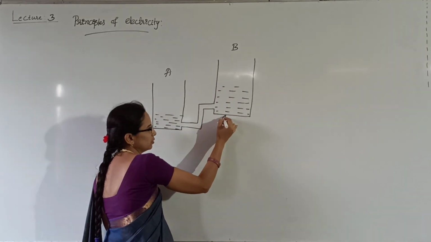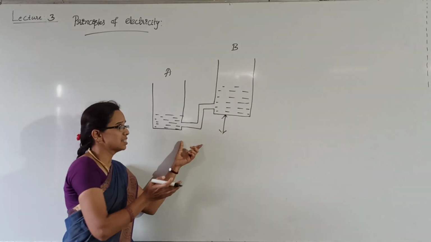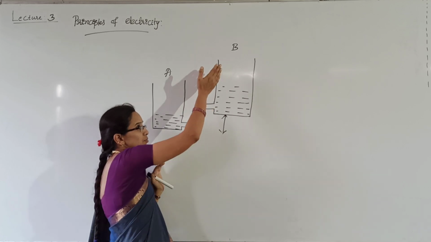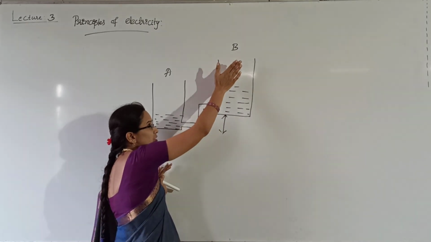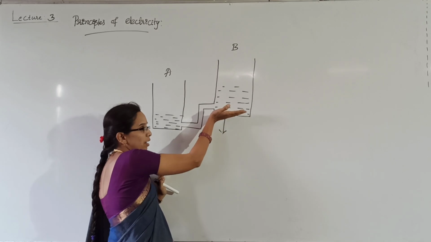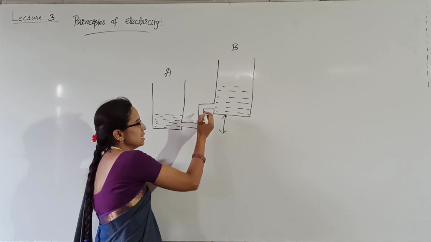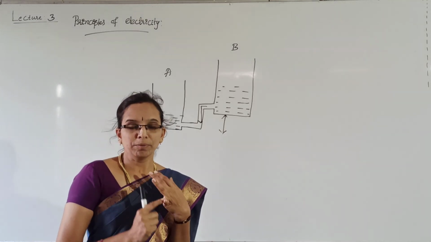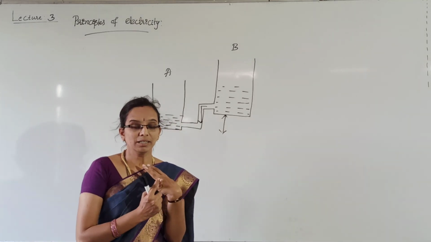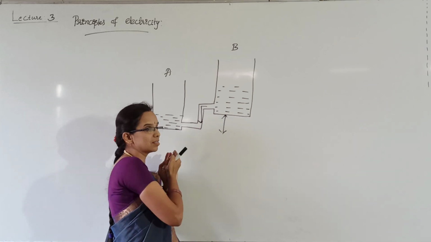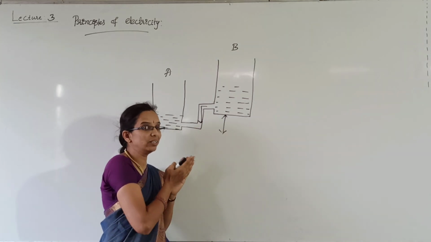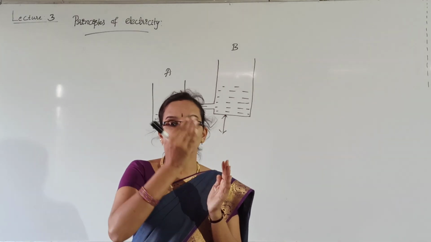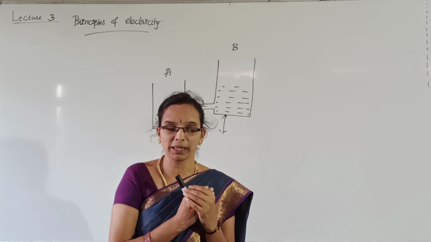That means these two vessels were at the same level, but when we kept the vessel B at some height, the water can easily flow. That means the pressure among these two vessels is different, we created a pressure difference among the vessels. So water could flow from vessel B to vessel A.